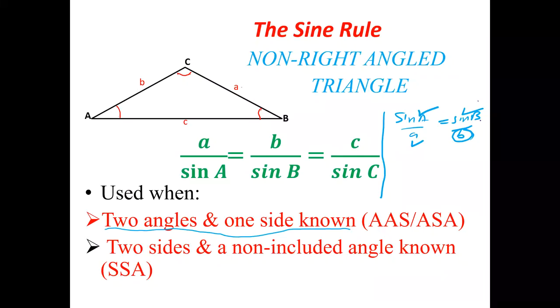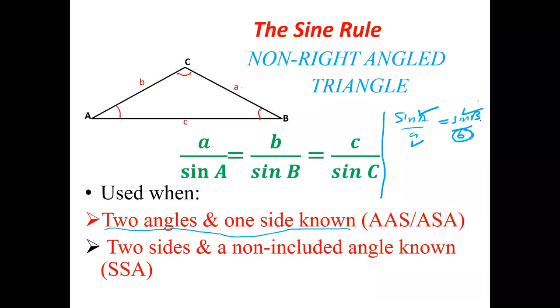So if I have two given sides a and b and one angle, I can find another angle.